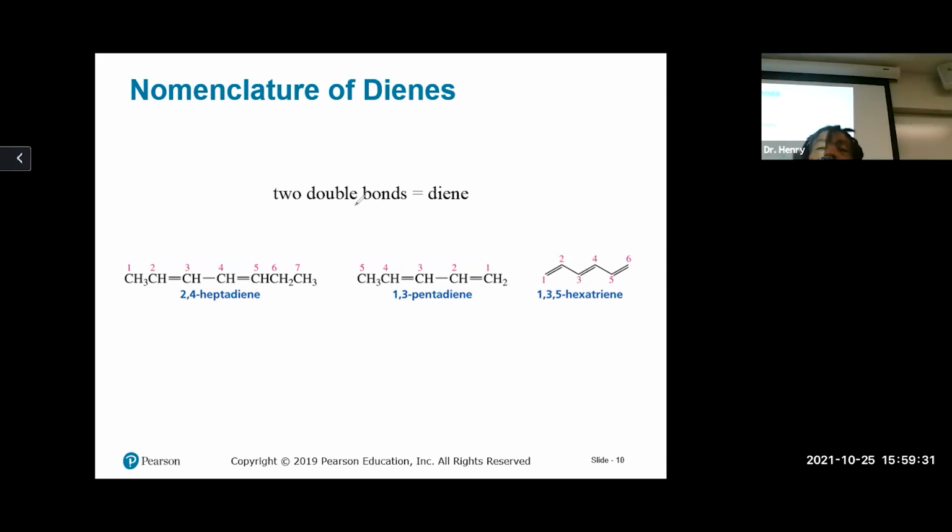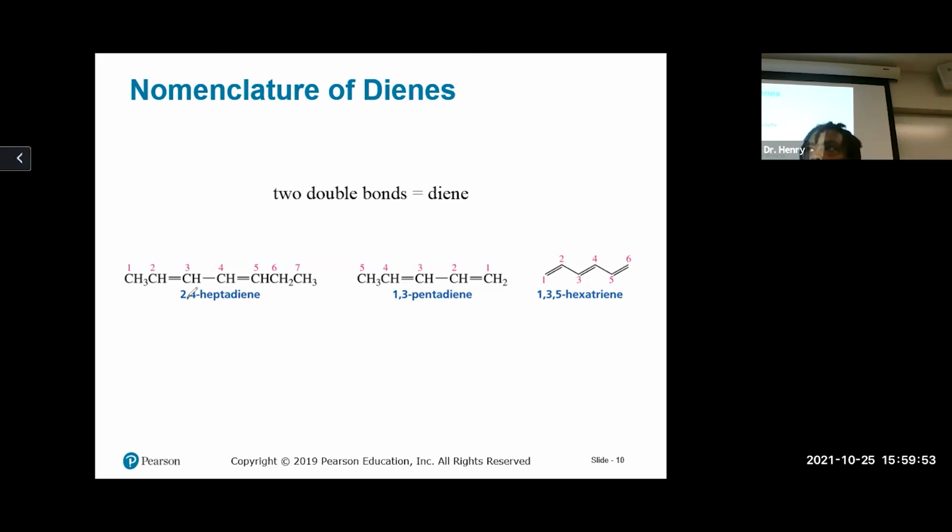So if I have 2 double bonds, I use diene. If I have 3 double bonds, I use triene. If I have 4 double bonds, I use tetraene. Piece of cake? And you have to give the location.